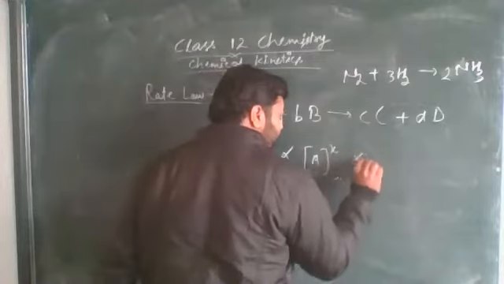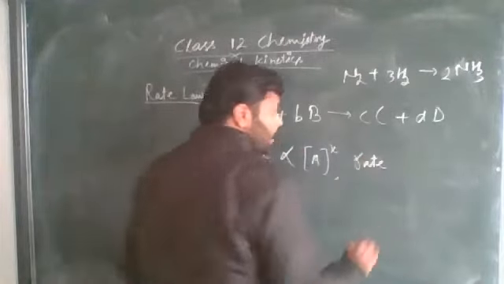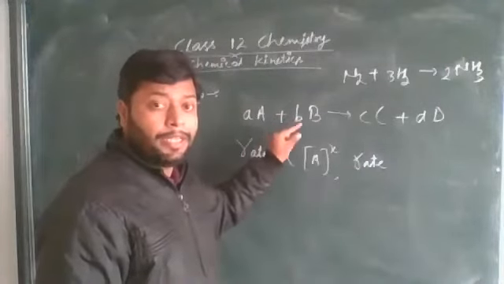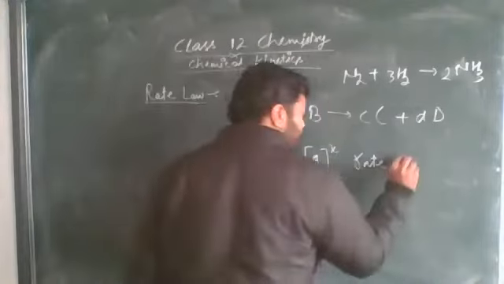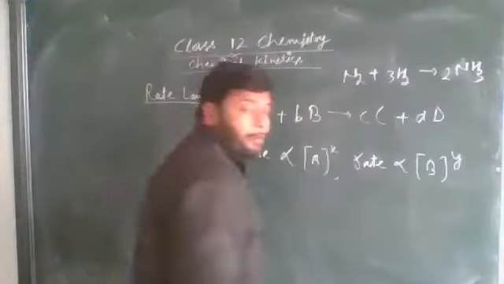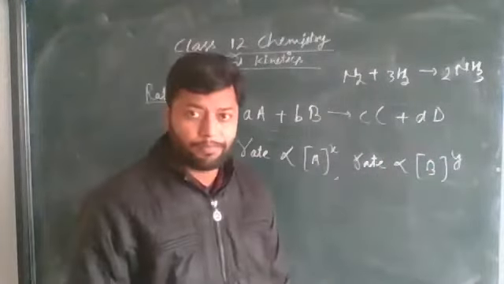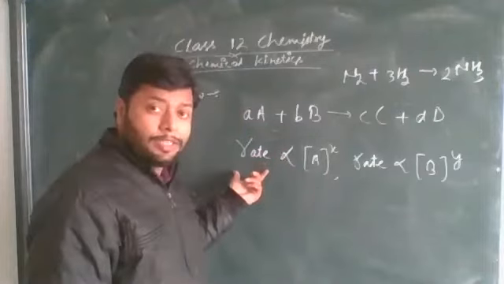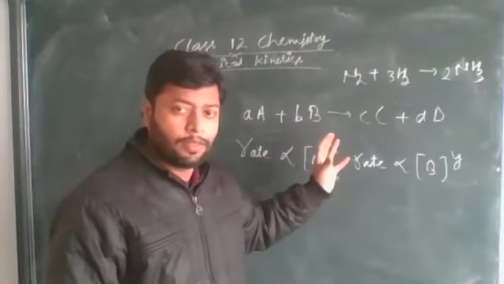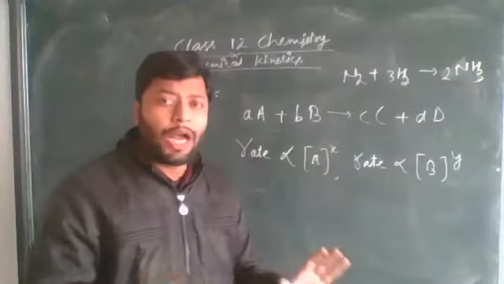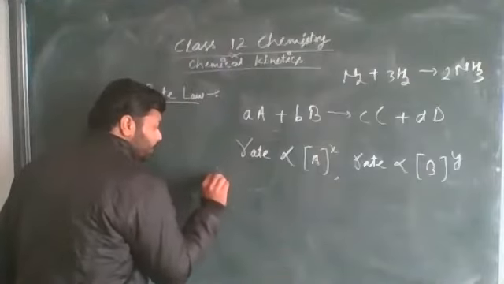At the same time, the rate of the reaction also depends on the molar concentration of B to some extent. Suppose that extent is y. This power x and y indicate to which extent the molar concentration of A, and at the same time B also, is involved in the rate of reaction.